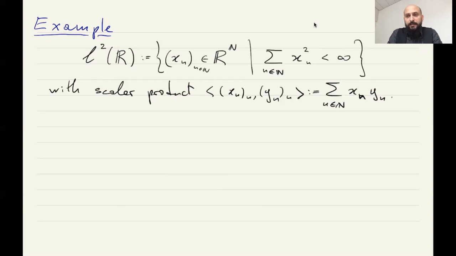This is a Hilbert space, but this is a particular example of the Hilbert spaces that we already observed. It's the L2 space of some measure space.